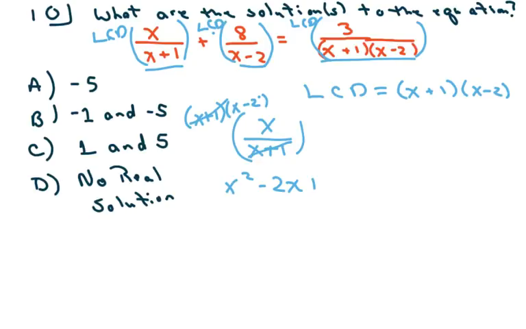So you're going to get plus 8 times (x plus 1). And then when you multiply the LCD here, this whole thing's going to cancel, and you just get 3. So for this part here, I did the same thing I did for this one. So let's clean it up.